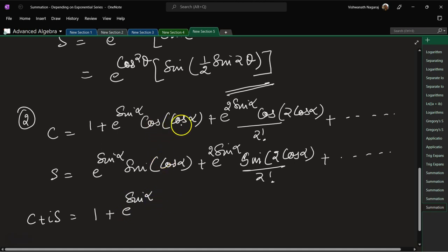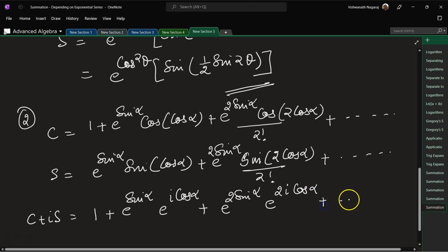Now cos of cos alpha plus i sine of cos alpha would be e to the power of i cos alpha, plus e to the power of 2 sine alpha and cos of 2 cos alpha plus i sine of 2 cos alpha will be e to the power of 2 i cos alpha, plus on and on and on.